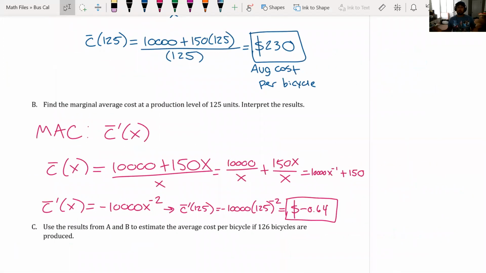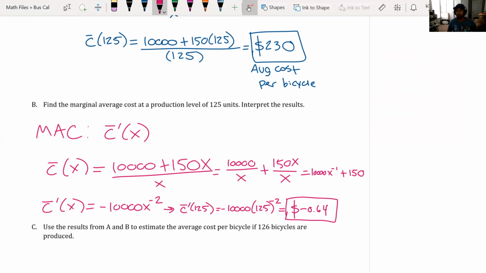Interpret the results. What does this mean? Well, remember, marginal is the same as derivative. And if our answer comes out positive, this means the marginal average cost is increasing. Or if our answer comes out negative, this means the marginal average cost is decreasing. The answer we got was negative, right?